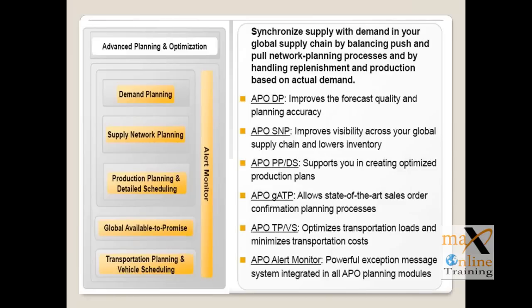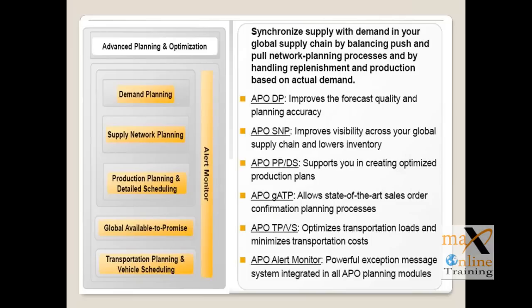If you look at companies already using APO, or those going to implement APO, it is mostly these two modules. The next priority will be PPDS, and after that the priority is very low now. As of now, there is no demand for these two modules.